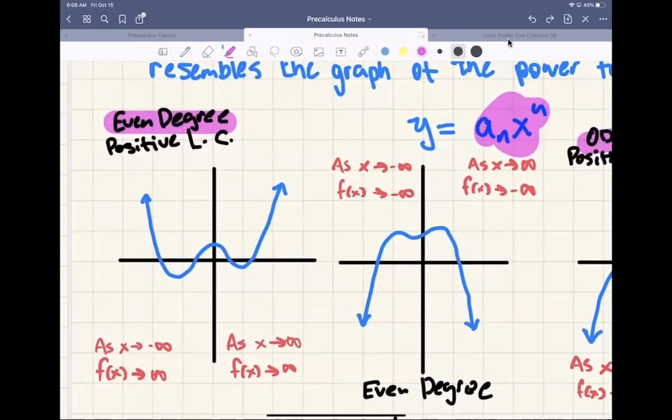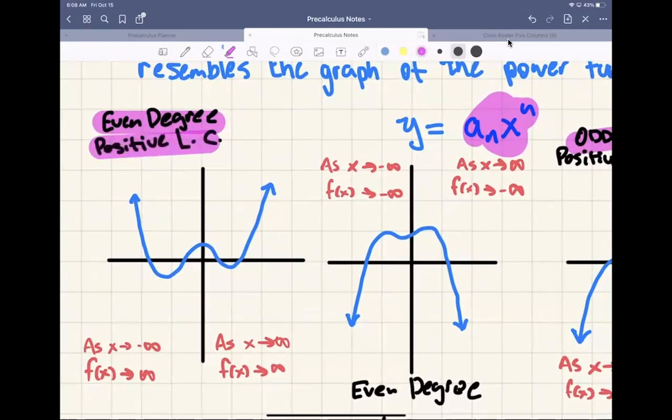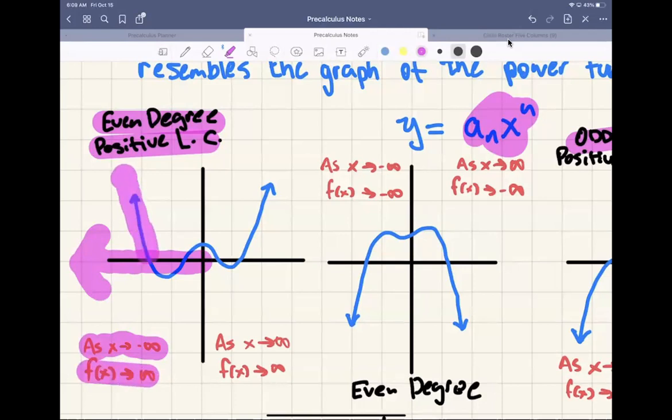So if we have an even degree and a positive leading coefficient, so let's say we have negative 6, positive 6x, then we say this about the end behavior. As x approaches negative infinity, so basically as we go towards the smaller values, because negative is smaller, our y values f of x are going to head towards infinity, because the more and more we go to the left, the more our graph is going to go to the top.